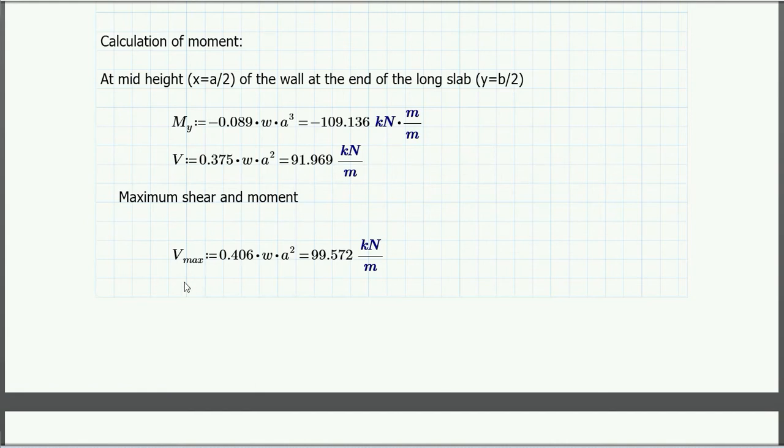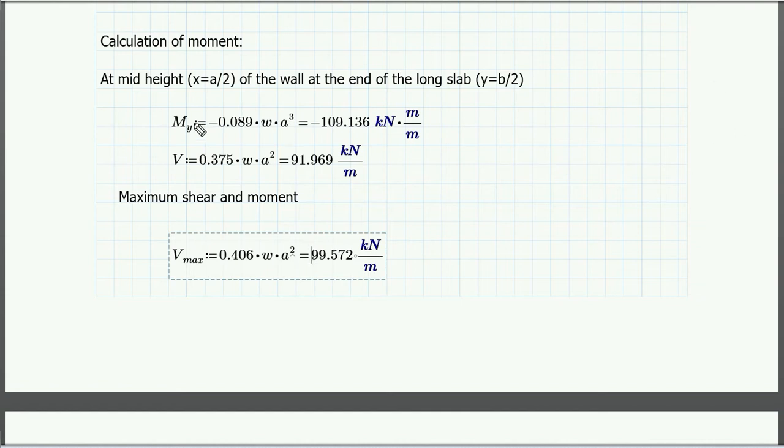The maximum shear you can find out is 0.406 in the table, which is at the lower third point. It comes out to be 99.572 kilonewton per meter.